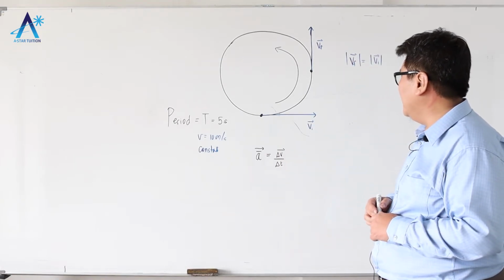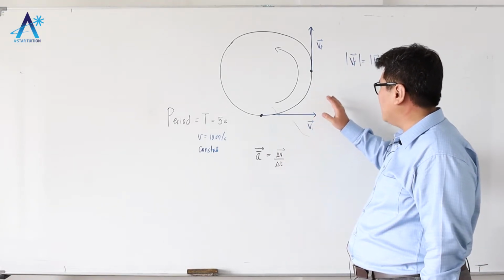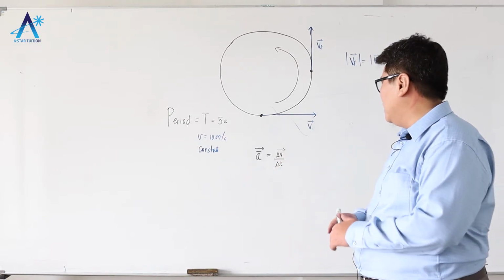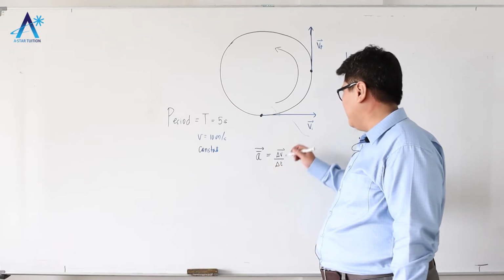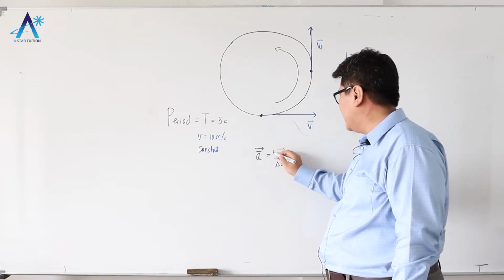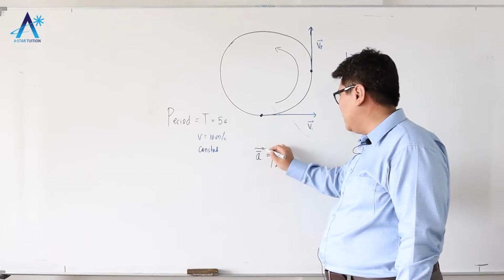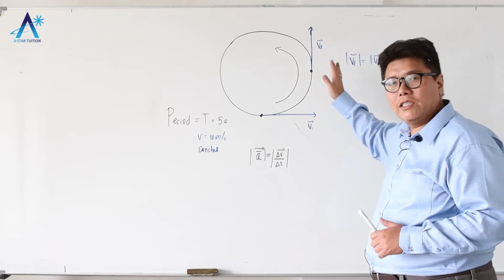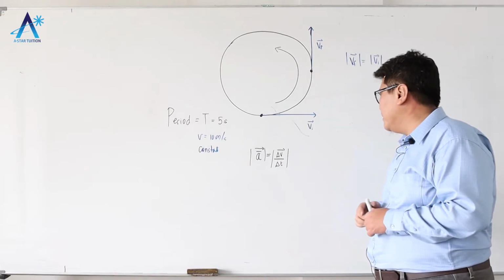So basically, you want to find the change in the velocity vector, divided by the time it takes to go from this position to this position. Now, let's just calculate the magnitude only. Although, as you can see later, we can actually find the direction.